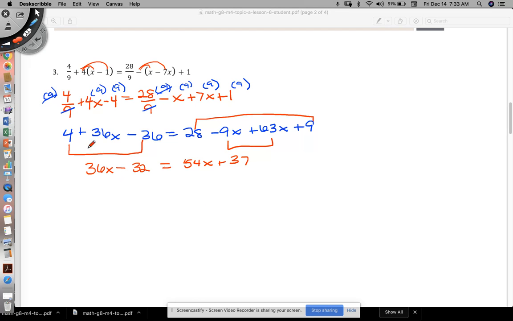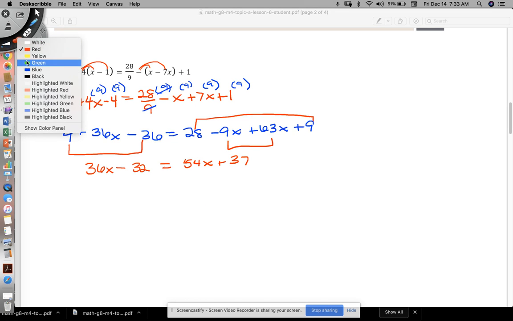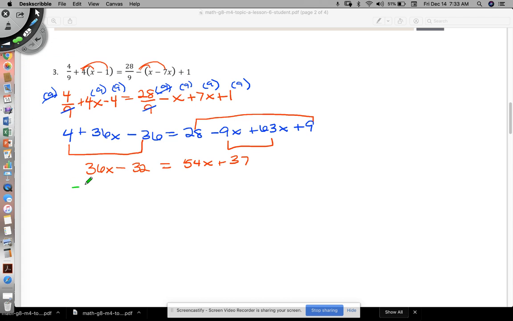All right, so now I want to keep my x positive like I've mentioned before. So I'm going to subtract 36x from both sides. The 36x's cancel, and I wind up with negative 32. And then we have 54 minus 36 is going to give me 18x and bring down my plus 37. To get that x by itself, I need to get rid of this 37.